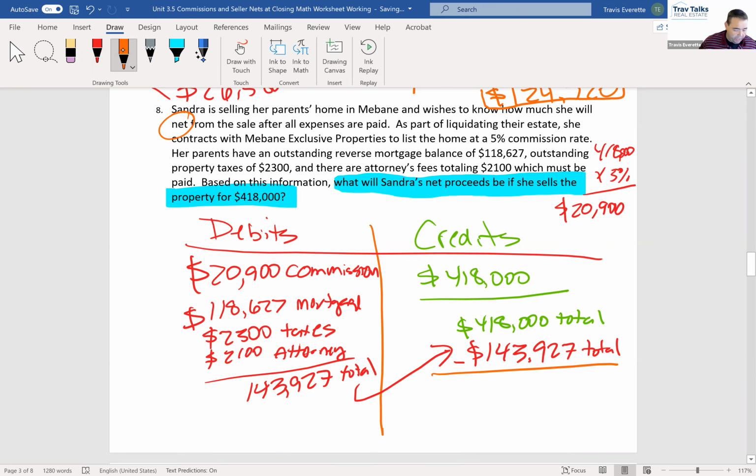So we do that: $418,000 minus $143,927. That means Sandra, after she sells her parents' property, is going to net $274,073. $274,073 as far as a net.